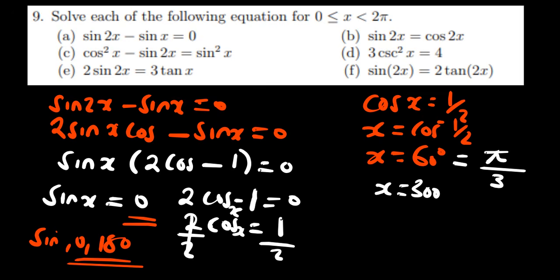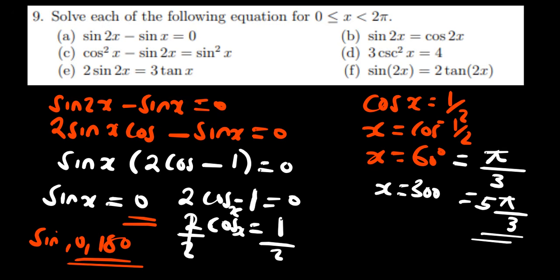That's another answer. 300 in terms of radians is the same as pi over 3 multiplied by 5, since 60 multiplied by 5 gives us 300. So these are the answers.